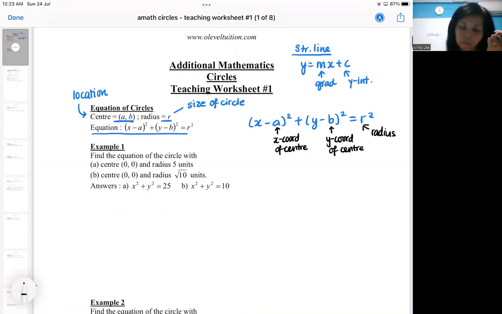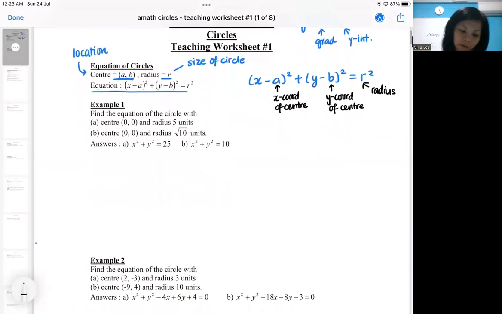In any question, if you are asked to find the equation of a circle, you should be asking yourself, where is the center? Where is the radius? You will need these two features before you can set up the equation of a circle. For example, in the first question, 1a, if I have a center (0, 0), my circle will be located here, and the radius is 5 units.